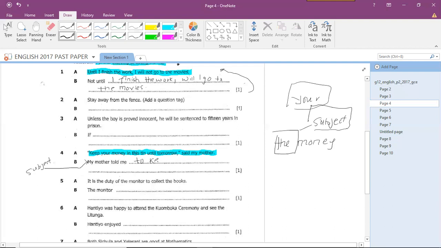So my mother told me to keep the money in this tin until tomorrow.